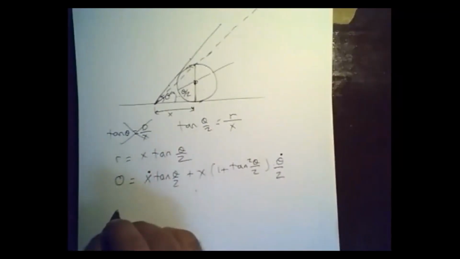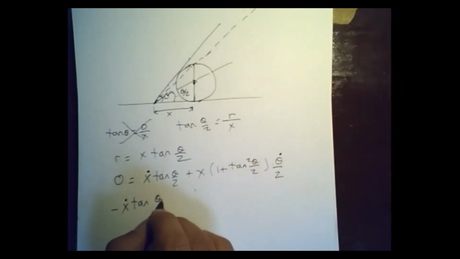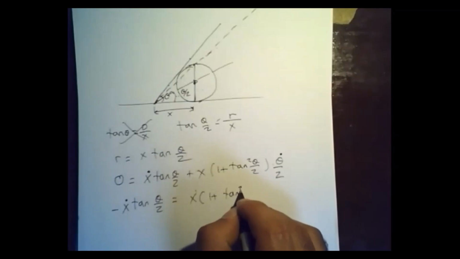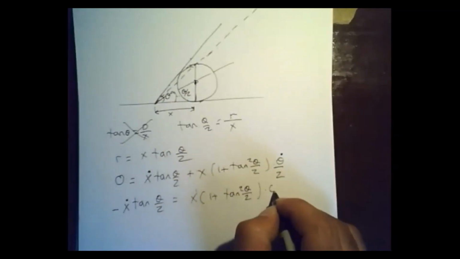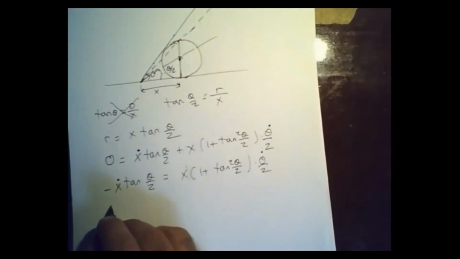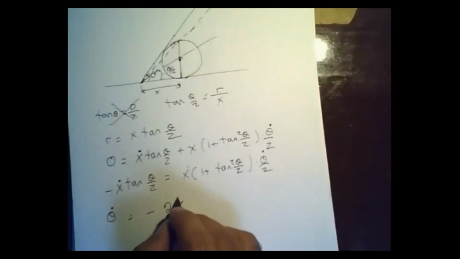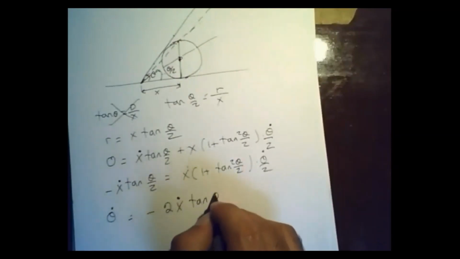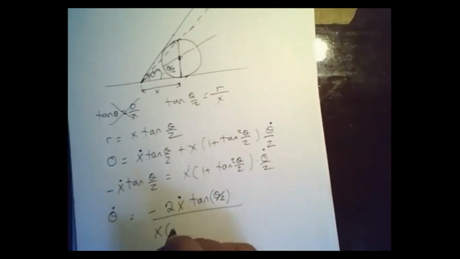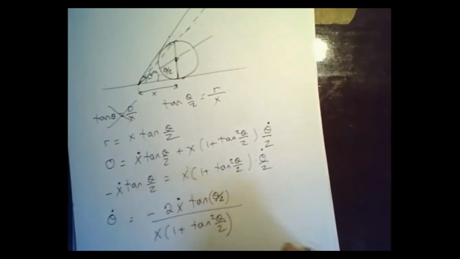I'm going to bring this to the side: minus x prime tangent theta over 2 is equal to x times 1 plus tangent square theta over 2 times theta prime over 2. So theta prime is equal to minus 2x prime tangent theta over 2, divided by x times 1 plus tangent square theta over 2.